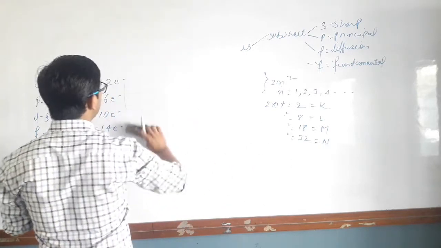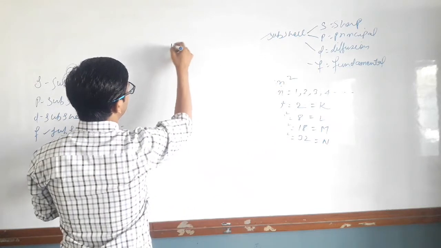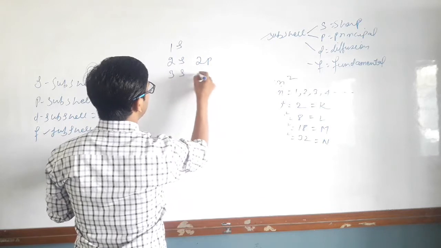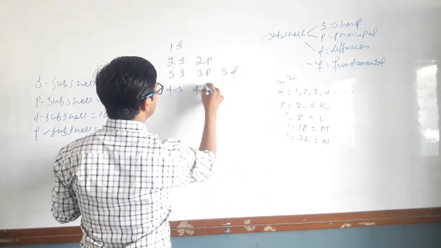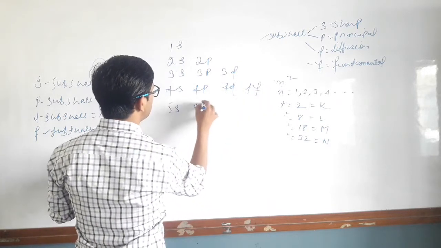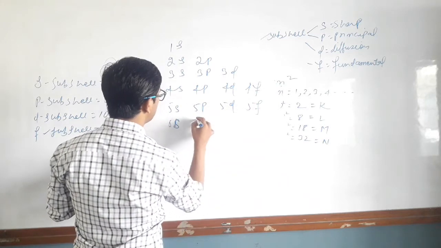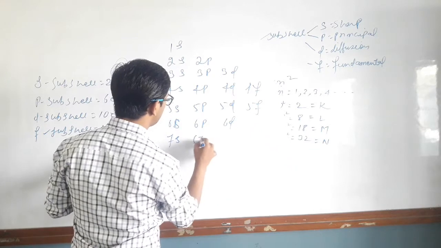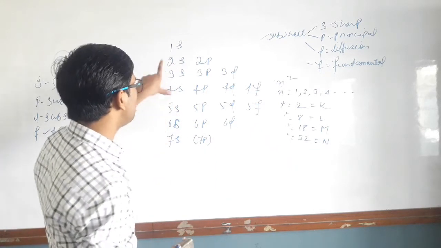The formula is 1s, 2s, 2p, 3s, 3p, 3d, 4s, 4p, 4d, 4f, 5s, 5p, 5d, 5f, 6s, 6p, 6d, 7s and 7p. This is the formula we can use.